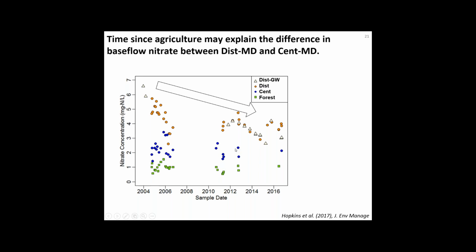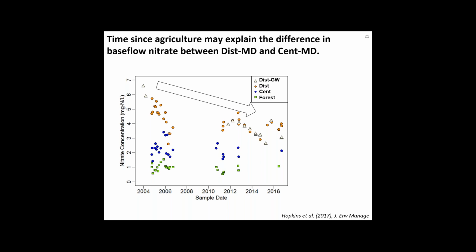So if we look at changes over time within these watersheds in terms of nitrate concentrations, you can see that in the forested watershed and in the centralized watershed, concentrations haven't really changed that much over time, but in the distributed watershed, concentrations have gone down in the surface water during base flow conditions and also in the groundwater.